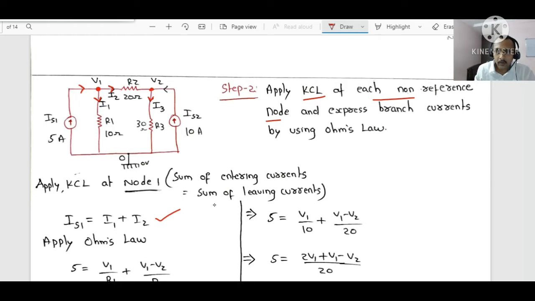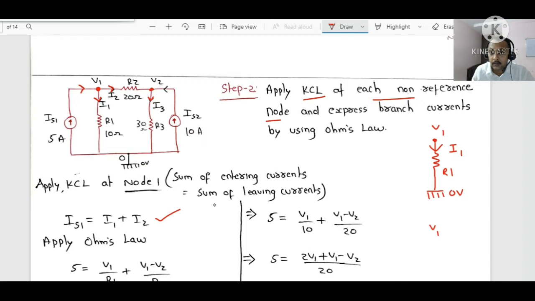Now observe R1. Very important, please focus, dear students. This is at 0 volts, and this node you have indicated as V1. Now R1, what is the current flowing through it? I1. If somebody asks you what is I1, what will you take? At one end the voltage is V1.